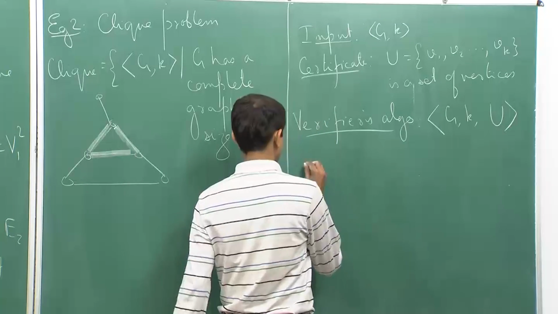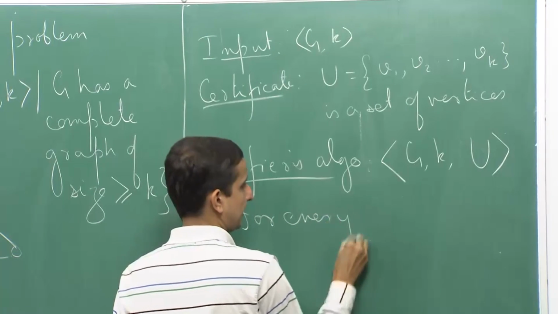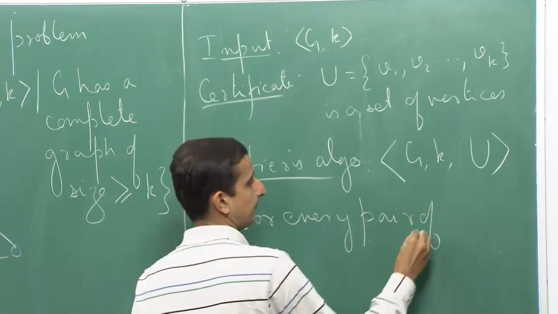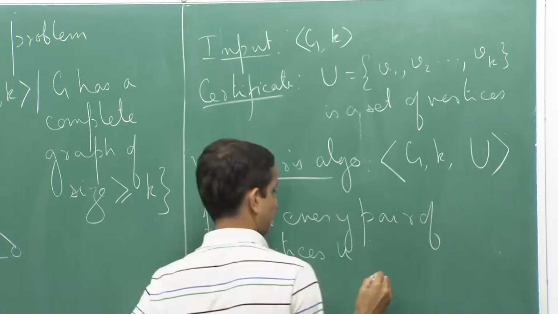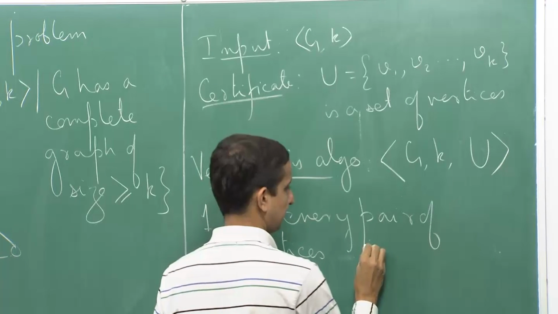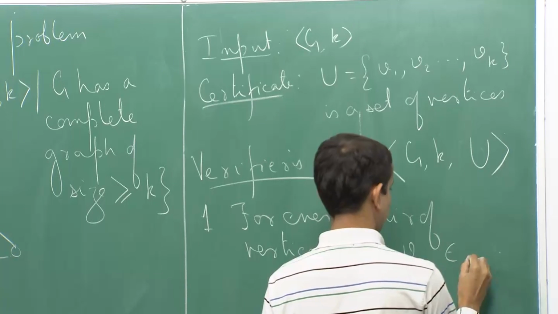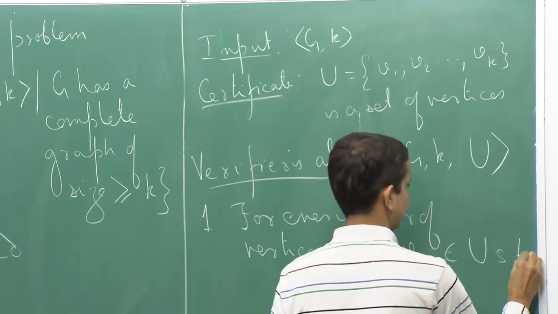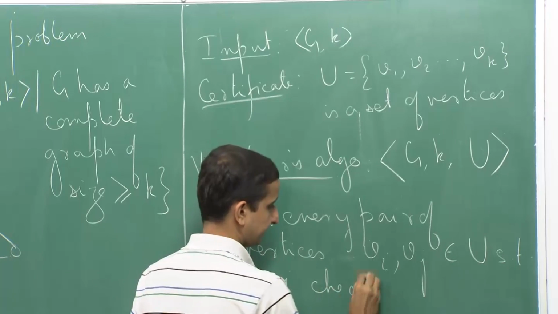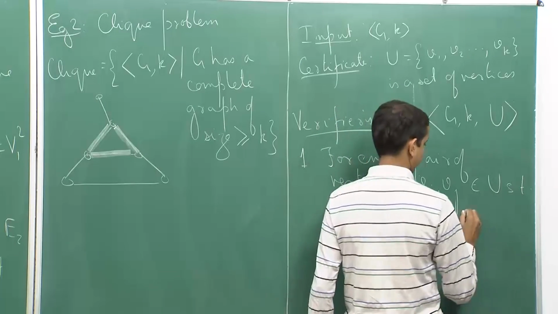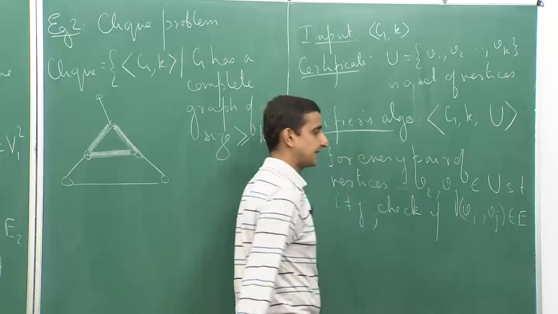Okay. So, the algorithm is going to be: for every pair of vertices vi, vj in U such that i is not equal to j, they are not the same vertex, check if vi, vj is an edge or not.